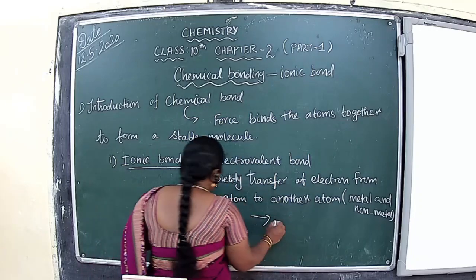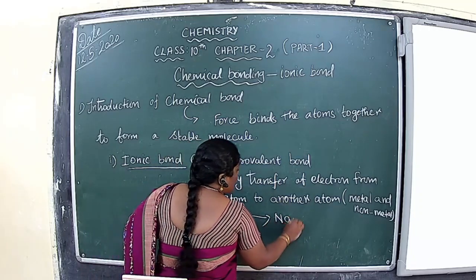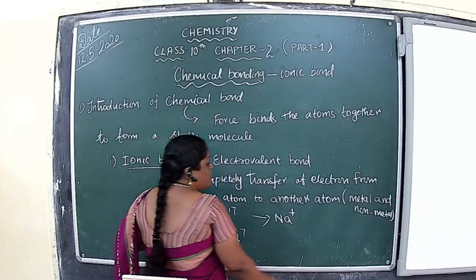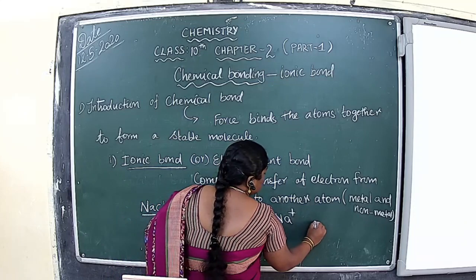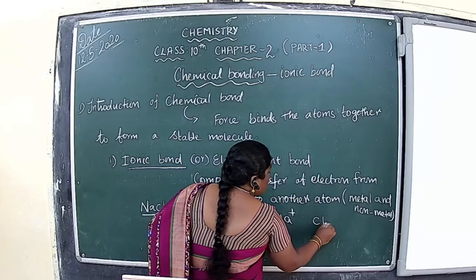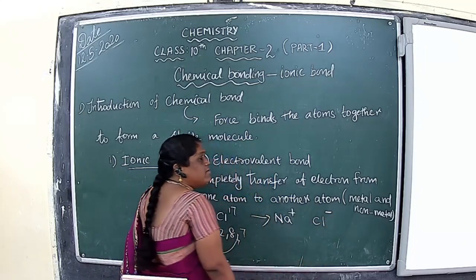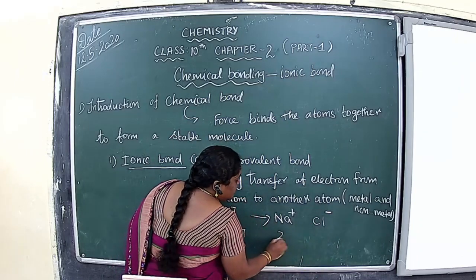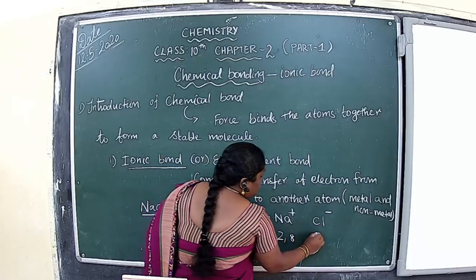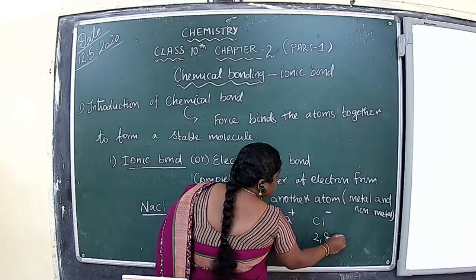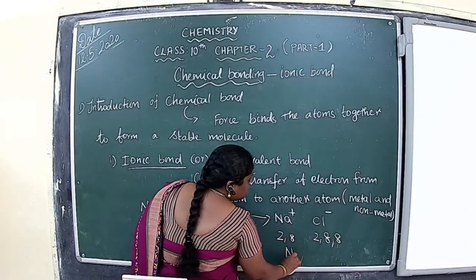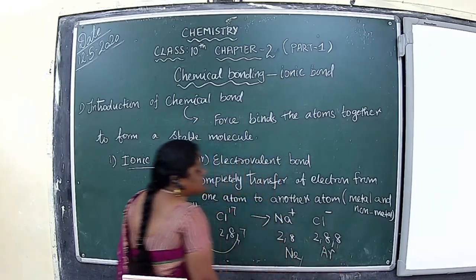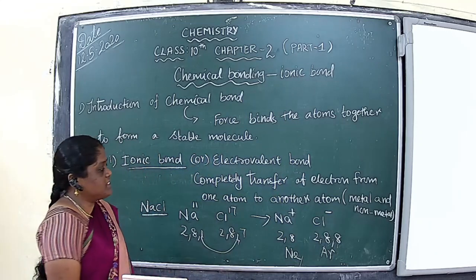Sodium loses it, so the electropositive character carries the positive charge, the cation. And chlorine becomes electronegative, carrying the anion. Then sodium becomes 2,8 and chlorine becomes 2,8,8.